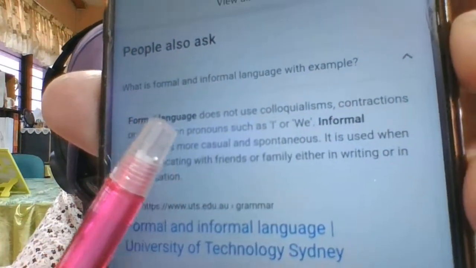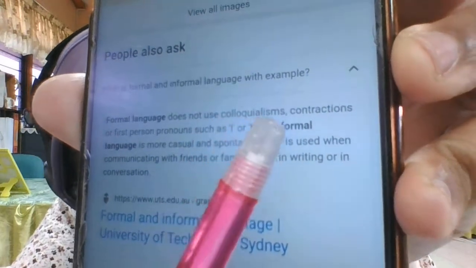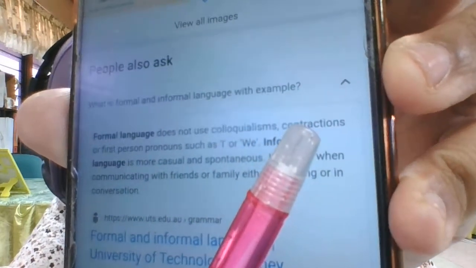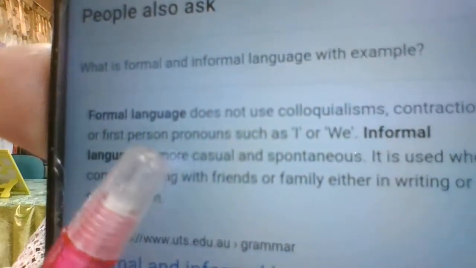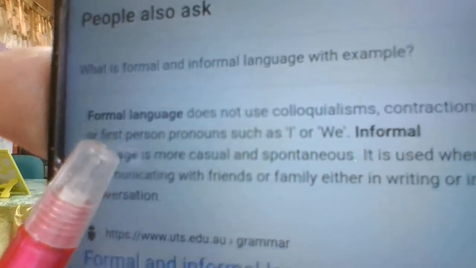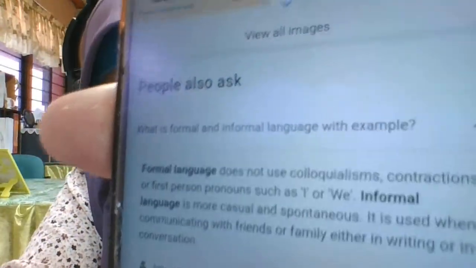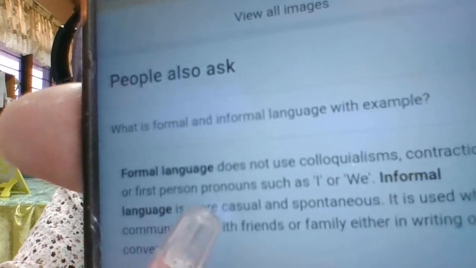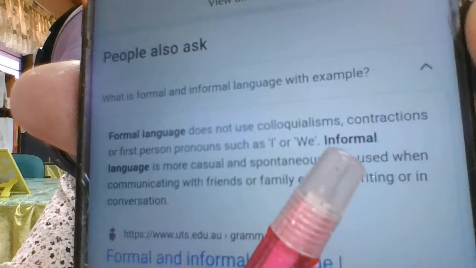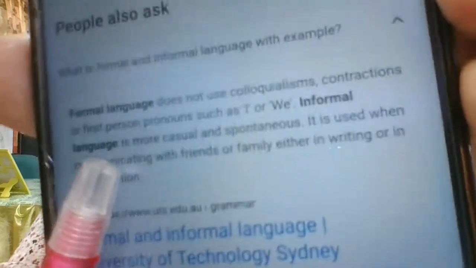So formal language does not have colloquials, singkatan, contractions, or first person pronouns. First person pronouns, for example, I or we, kami. This is for formal. What about informal? Informal language, bahasa yang tidak formal, is more casual and spontaneous.